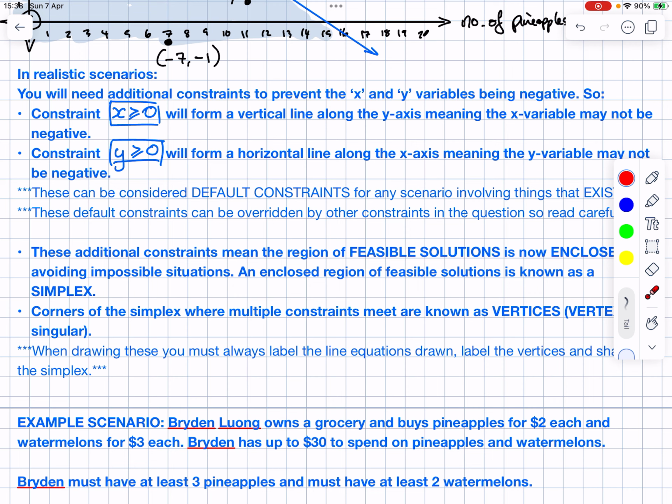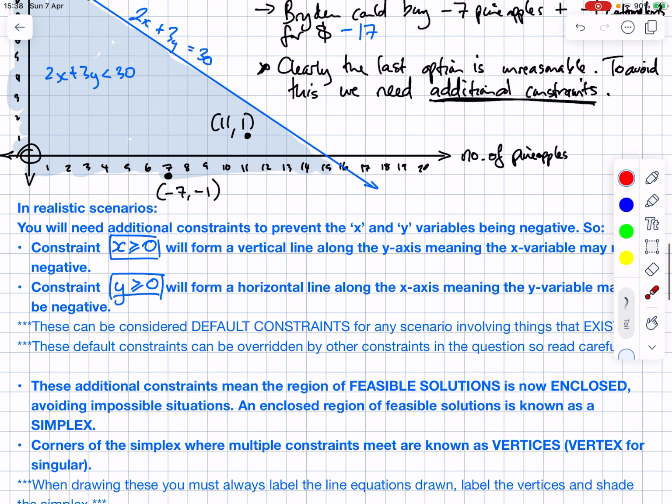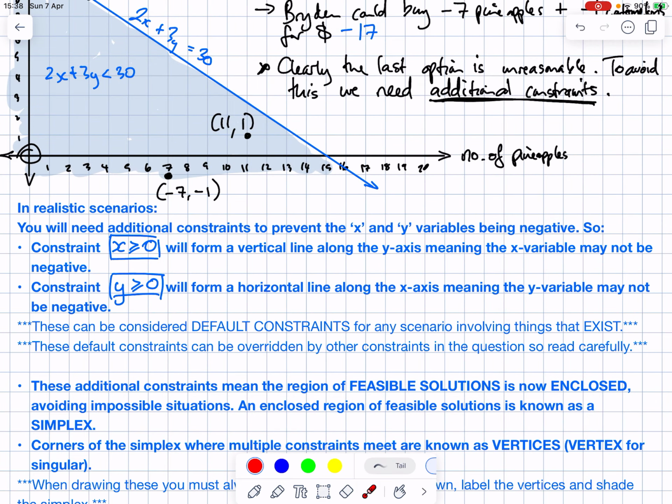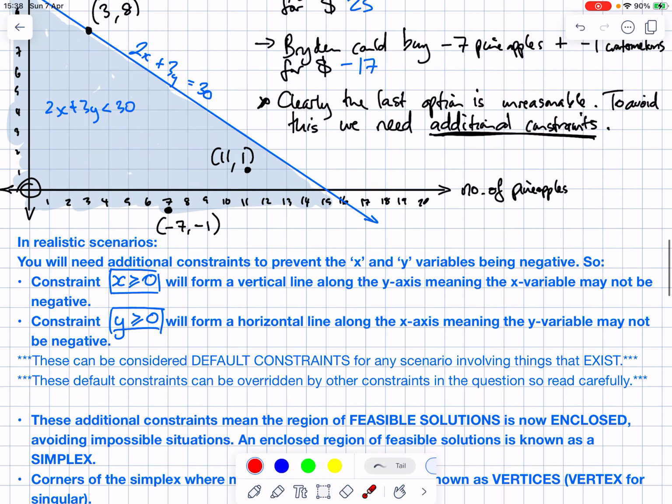So, the constraint x ≥ 0 will form a vertical line along the y-axis. Why? Because the value of x along the y-axis is 0. So that constraint x ≥ 0 will form a vertical line, meaning the x variable may not be negative. So that constraint would look like a line that just goes forever up and down along the y-axis.